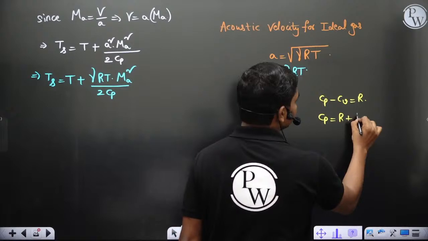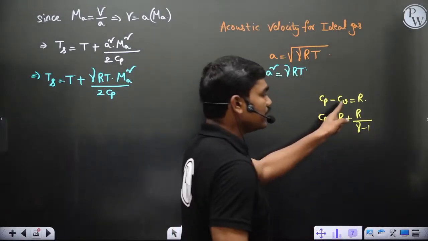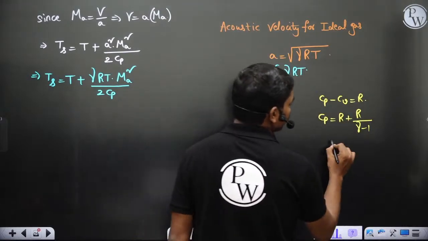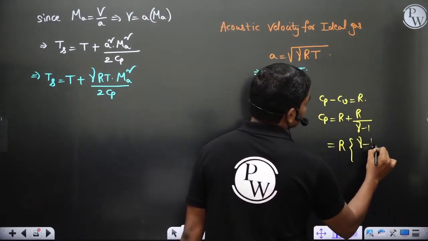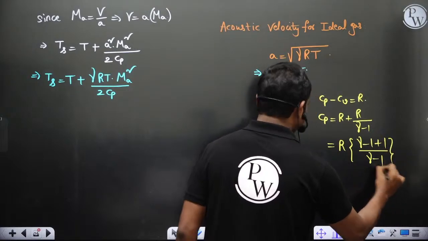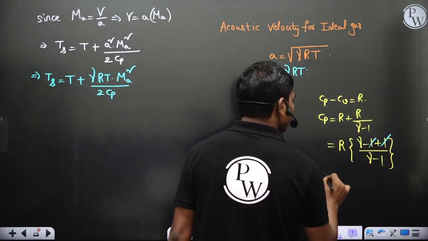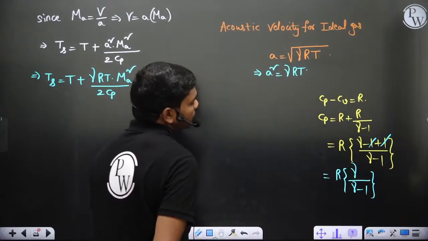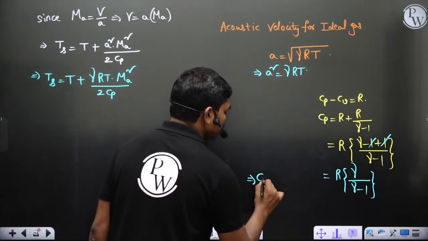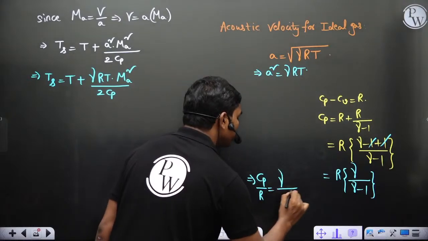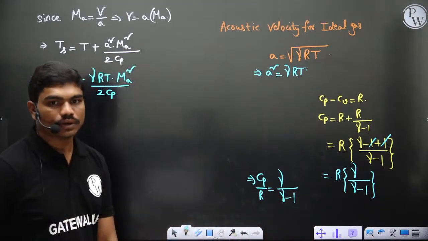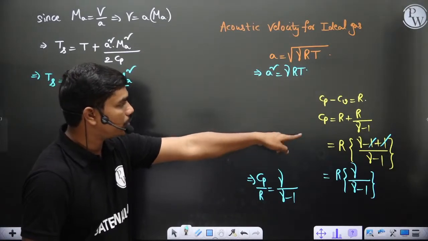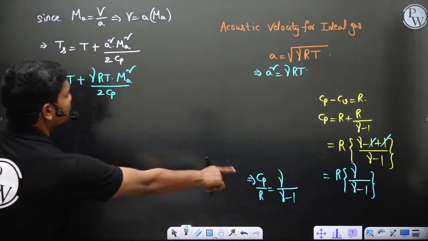What is Cv? R by gamma minus 1, correct? So Cv is actually R by gamma minus 1, and Cp is gamma R by gamma minus 1, just basic thermodynamics. So R times gamma minus 1 plus 1 by gamma minus 1 gives R times gamma upon gamma minus 1. So Cp by R is gamma upon gamma minus 1, because Cp is equal to R plus R by gamma minus 1. If you take R out, gamma minus 1 plus 1 by gamma minus 1, the 1 gets cancelled. Fine, so this is the equation.